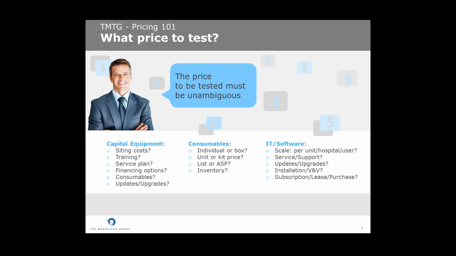If you ask for the price for an IT installation for an institution, you're going to get a very different value for a small institution with 50 beds or a large institution with 400, 450 beds. So you may need to build in some pipe-throughs or other programming in your survey so you could accommodate it if somebody tells you early in the survey, I'm a CIO at a 500-bed hospital.